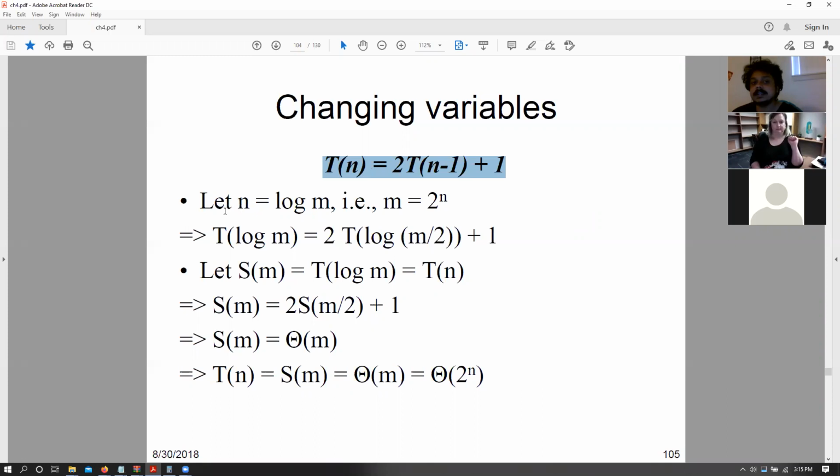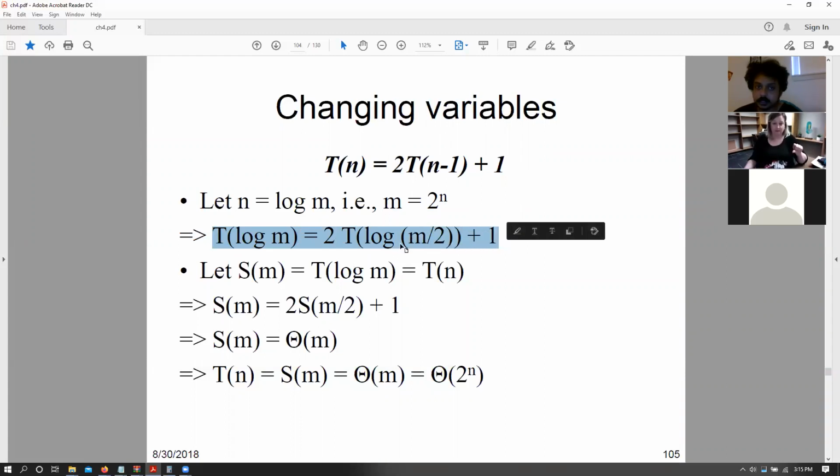Now here, let's say that we assume n = log m. In that scenario, we can say that m = 2^n. Once we substitute n with log m, we get T(log m) = 2T(log m - 1) + 1.